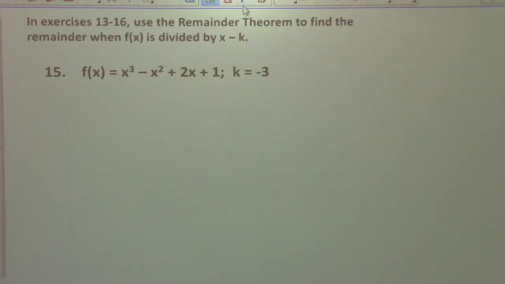All right, Adam, what do we got here? -3. Put -3 in everywhere, right?